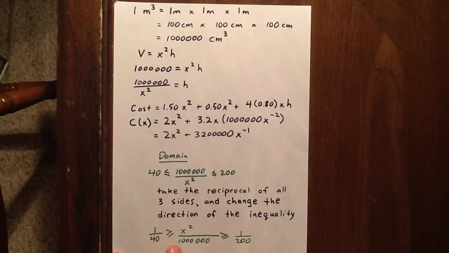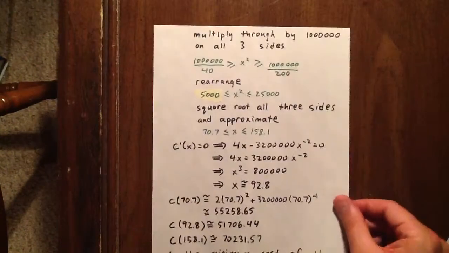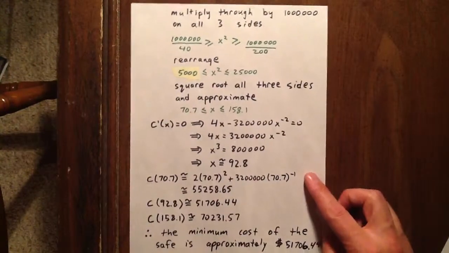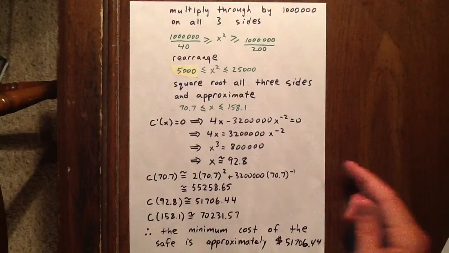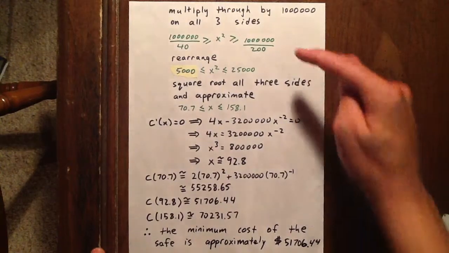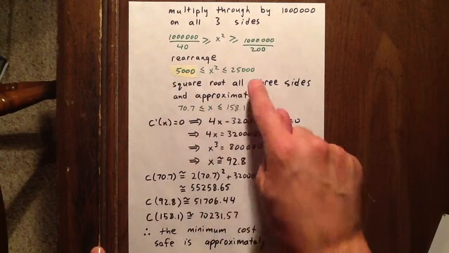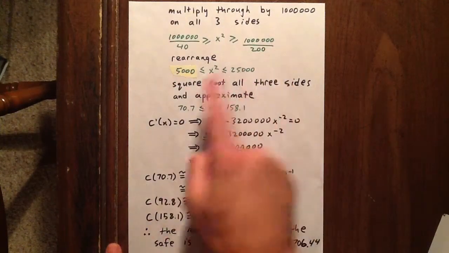So 1/40 is greater than or equal to x squared over a million, which is greater than or equal to 1 over 200. Now we're going to multiply all three of those sides by 1 million. And so what we're going to get is 1 million over 40 is greater than or equal to x squared, which is greater than or equal to 1 million over 200. 1 million over 200 is 5,000. 1 million over 40 is 25,000.